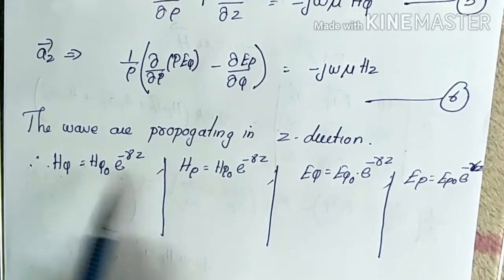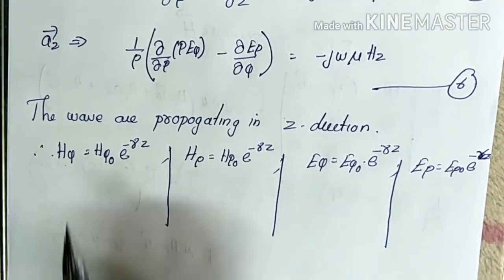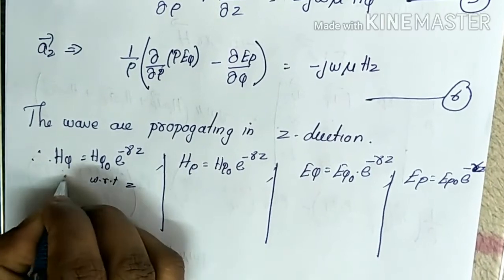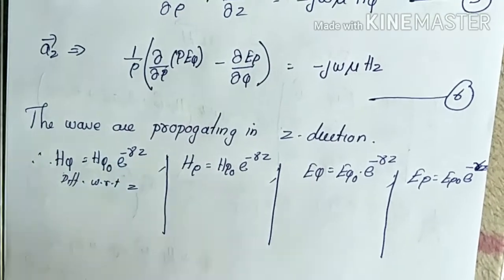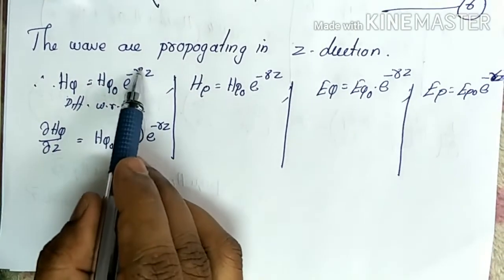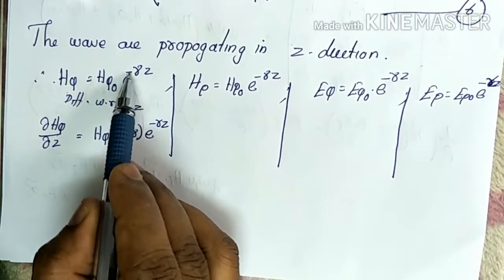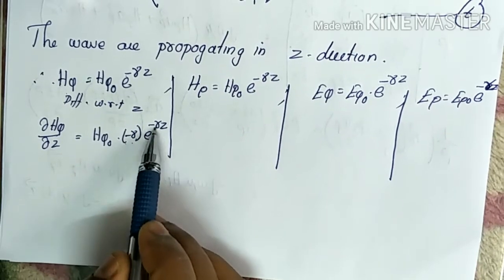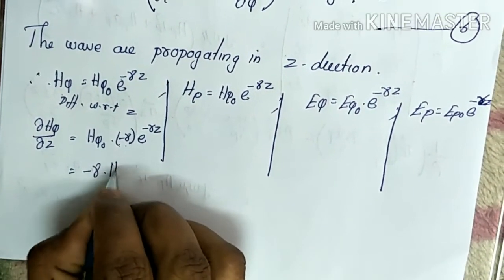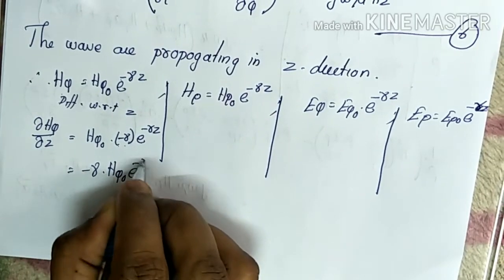Now differentiate all four equations with respect to z. So when you differentiate, z is the variable, so you get minus gamma into e power minus gamma z. So this will be equal to minus gamma into h naught into e power minus gamma z.